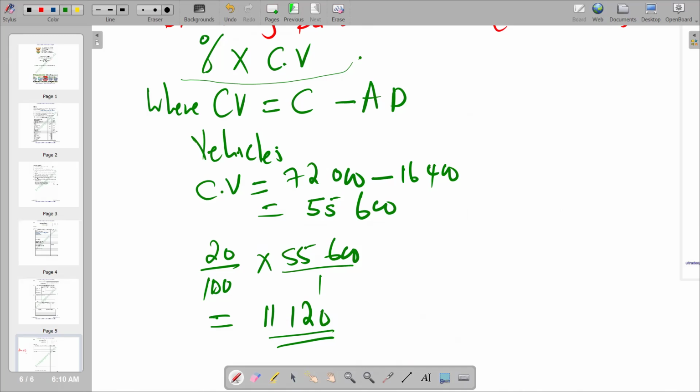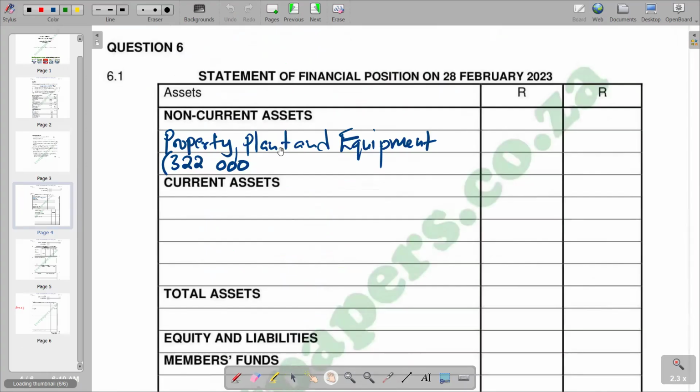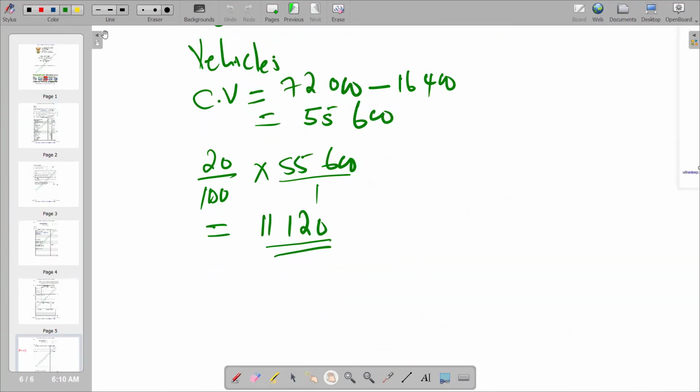for the current year. So remember, the figure that we are supposed to enter here as the final figure for vehicles is going to be the carrying value. So to get our carrying value, we say cost less accumulated depreciation. Our cost, remember, is 72,000. So we say 72,000, and then we subtract the 60,400 that is already there.